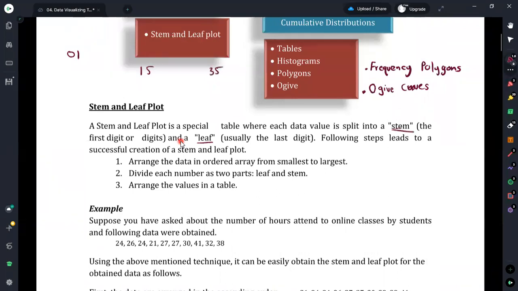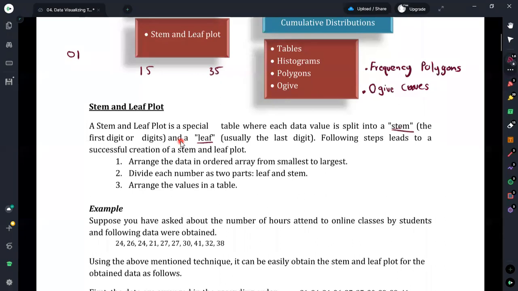Generally, the leaf is the last digit of the number, and once you remove the last digit, the remaining part falls under the stem of the stem and leaf plot.